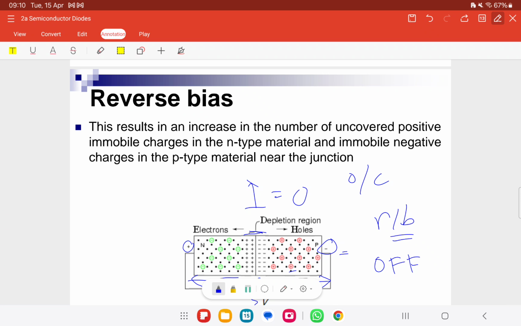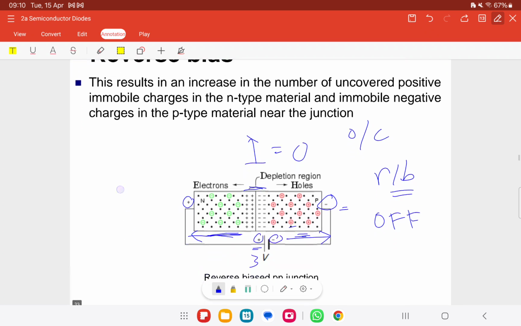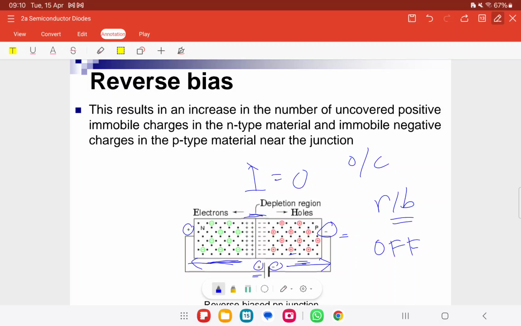We can use it as a switch. How do we use it as a switch? When we apply the different polarity of the battery, it becomes the off condition in reverse bias. In the reverse bias state, off condition, the current cannot flow, meaning open circuit.